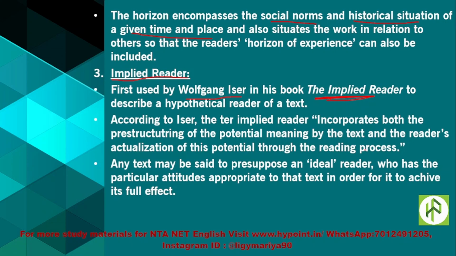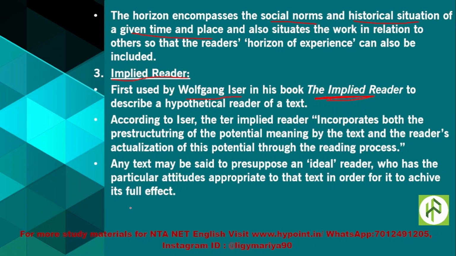Any text may be said to presuppose an ideal reader who has the particular attitudes appropriate to that text in order to achieve its full effect. In order to bring about the appropriate attitude in that text, there is an ideal reader. See, for The Jungle Book, the ideal reader is a British, Eurocentric person.